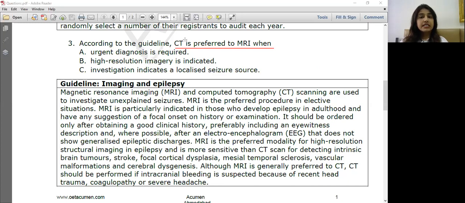So it says CT is preferred to MRI, right? It means the question is particularly asking us, when is a CT scan preferred as compared to MRI? So the word MRI may distract you. You're not reading to identify when an MRI is done. You are trying to find out when a CT scan is done. CT scan is preferred to MRI.